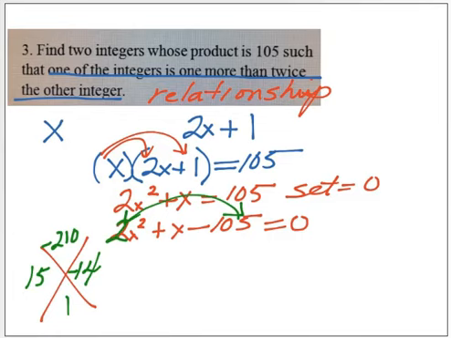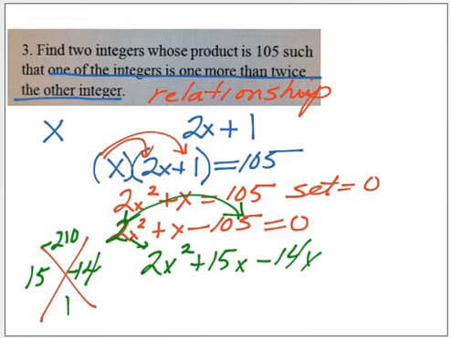But this time we can't do that. We have to take a moment to go ahead and break it up into 4 pieces. So we have 2x squared, we have 15x, we have negative 14x, and we have negative 105.